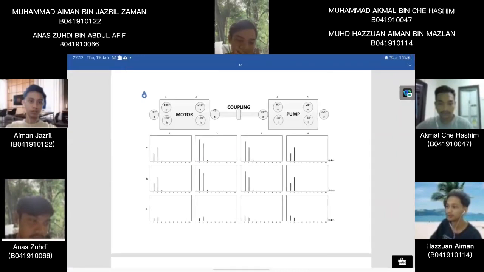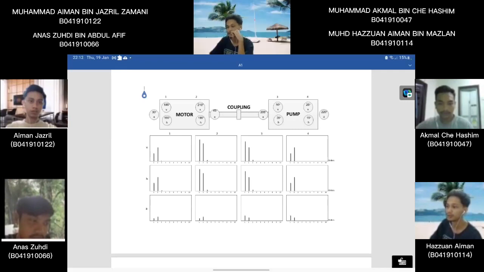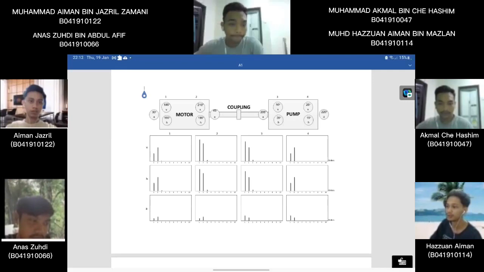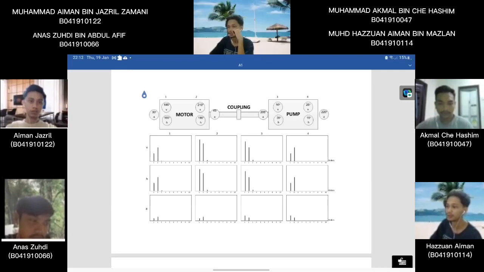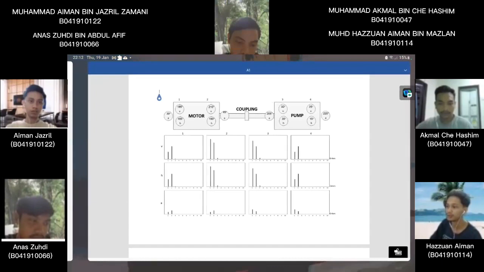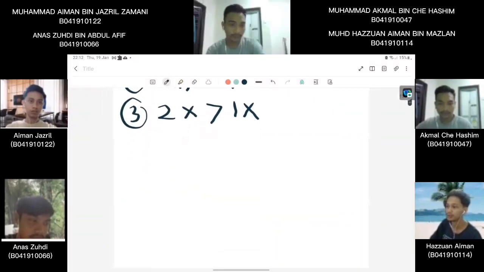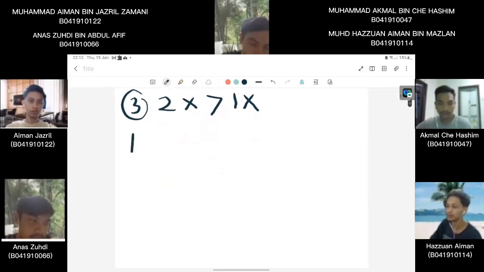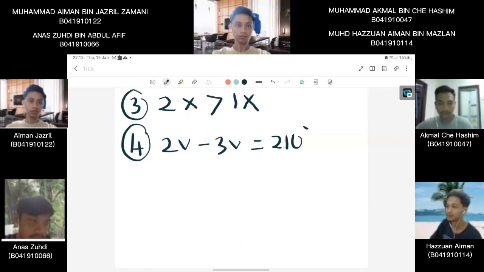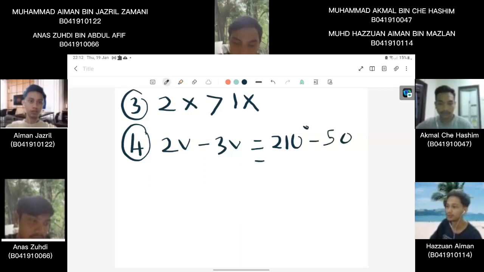The first one is 2v minus 3v, which is 210 minus 50. The fourth phase is 2v minus 3v, so 2v is 210 minus 50.